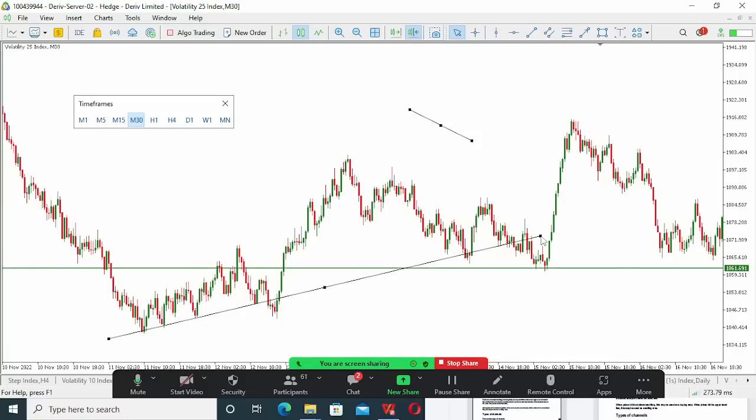Depending on your area of interest, if you want to look at a bigger picture in the market, or maybe you just want to scalp a smaller picture, it depends on the area you want to cover. The area you want to cover will determine the points that you are going to mark.